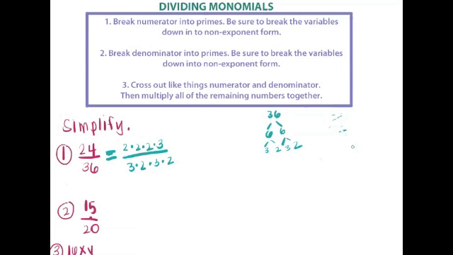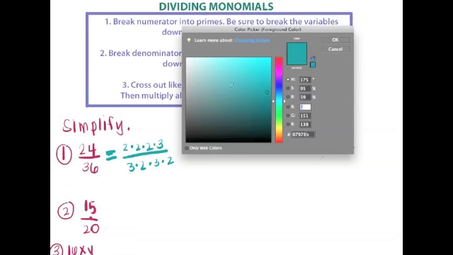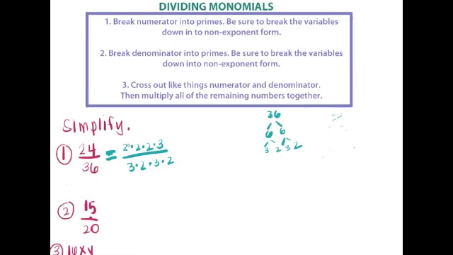Let's change the color of the pen so it's easier to see what's going on. Looking at the tops, I have a 2 right here and also a 2 right there, so I can cross that out. I have a 2 in this top and a 2 there to cross out.